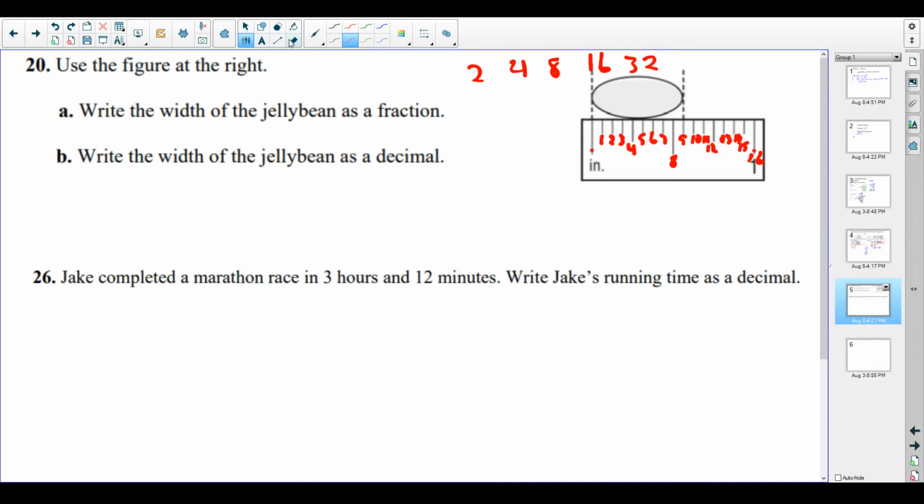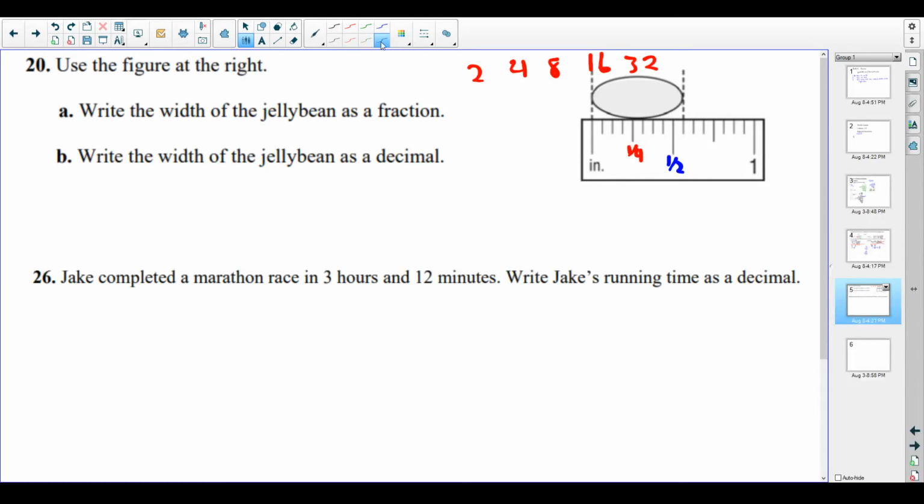Because what it does, how a ruler measures things, and why these little bar lengths are different sizes, is like this one here, right in the middle, represents 1/2. This is 1/2 of an inch. And then 1/2 of that, so right here, is 1/4.